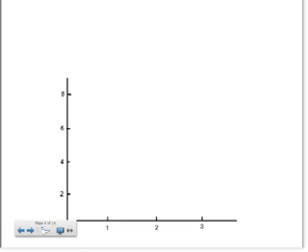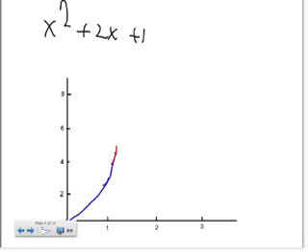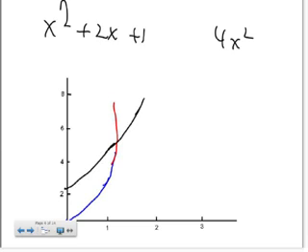So if you draw the function x squared plus 2x plus 1, and then you draw the function 4x squared, the part here in blue is the omega, because this is the lower limit.